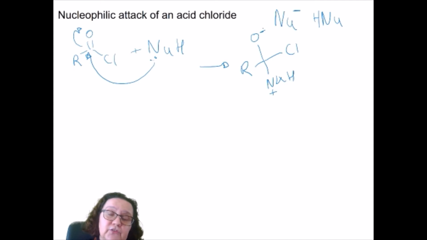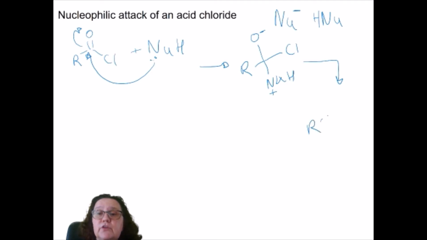And if this is happening in neutral or basic form, there would be an oxygen with a negative charge. And then very easily the nucleophile can lose a hydrogen ion to form a neutral form of this.